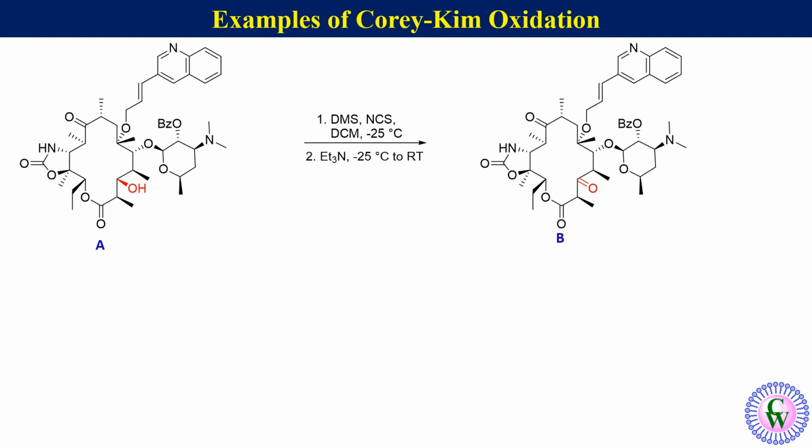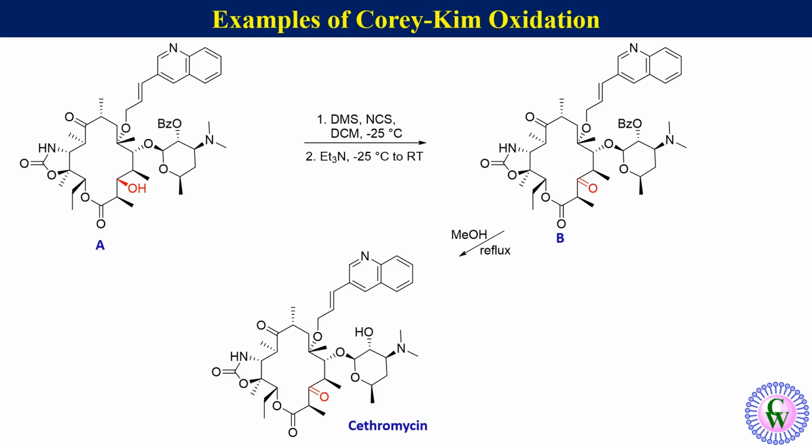Intermediate B, when refluxed in methanol, gives antibiotic cethromycin. The oxidation reaction is performed on greater than 300 kg scales.